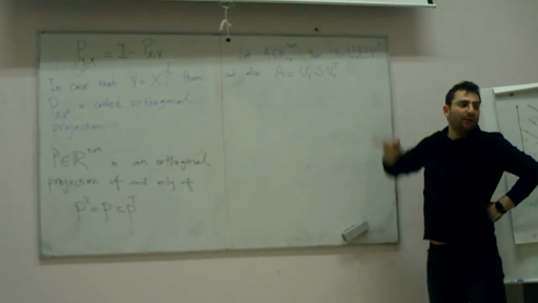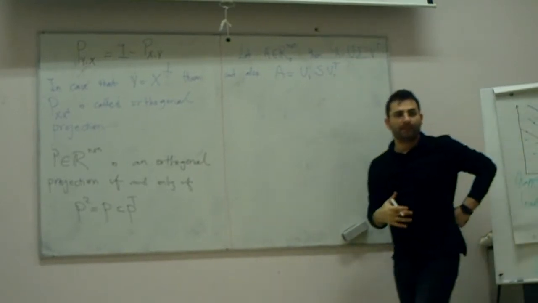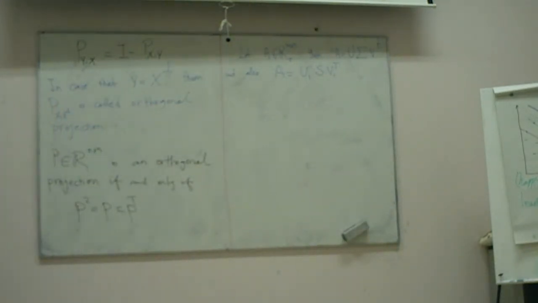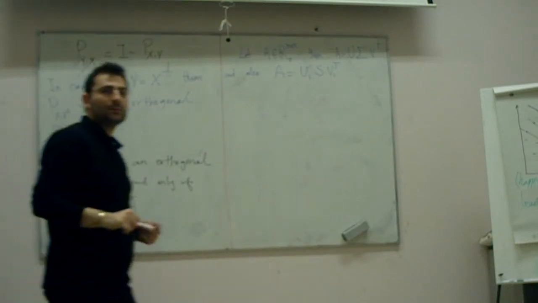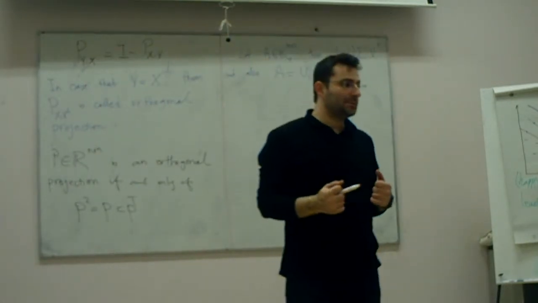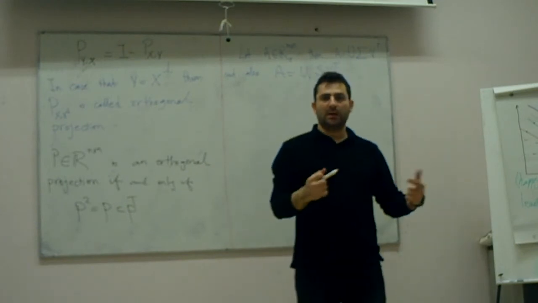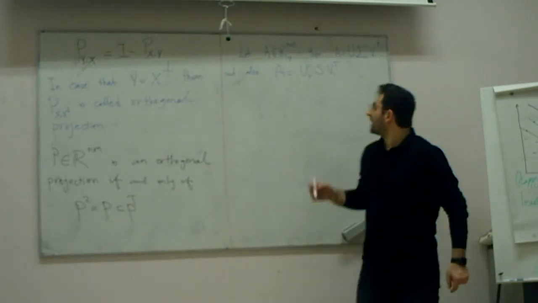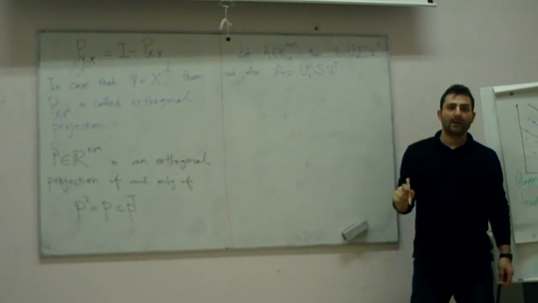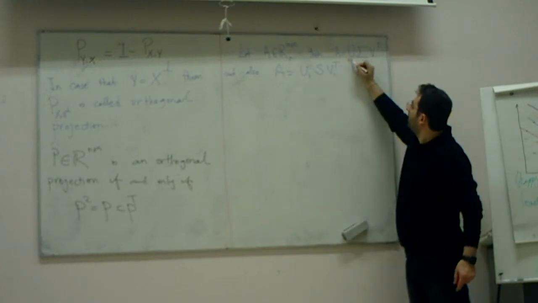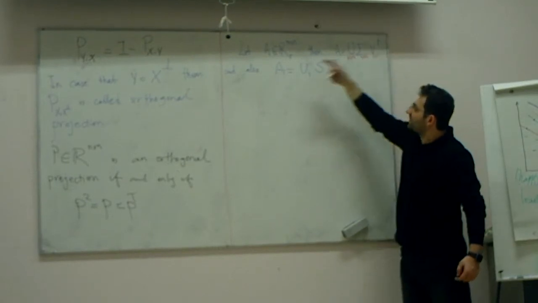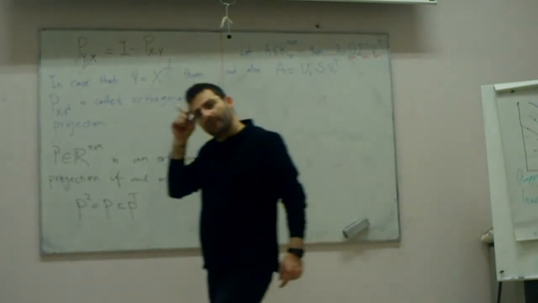What is the property of U and V? We said they are orthogonal, and they are square matrices. So can you tell me what is the size of U now? m by m, and this one is n by n. And this, we know, is always the same as the size of the matrix.